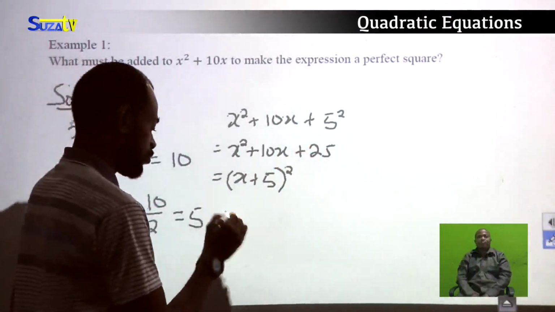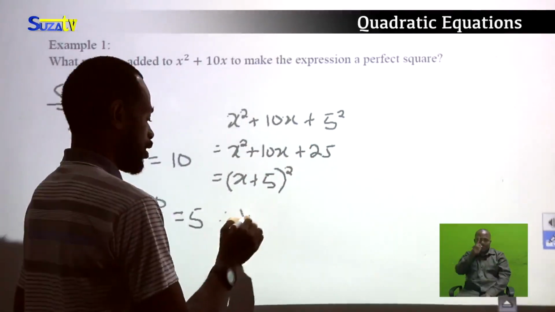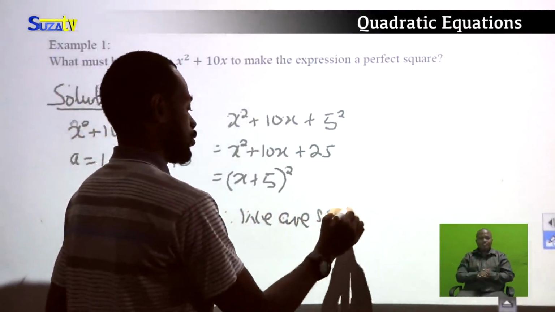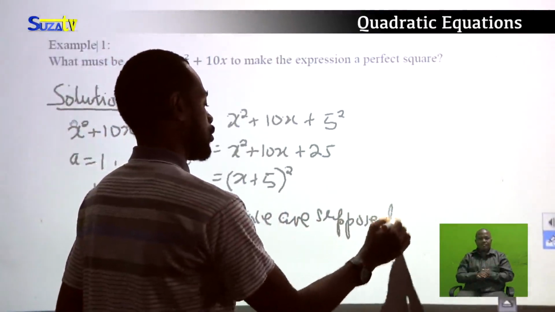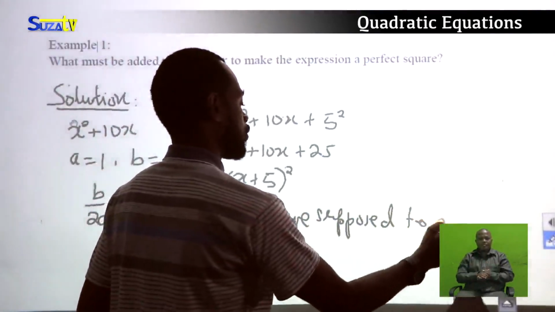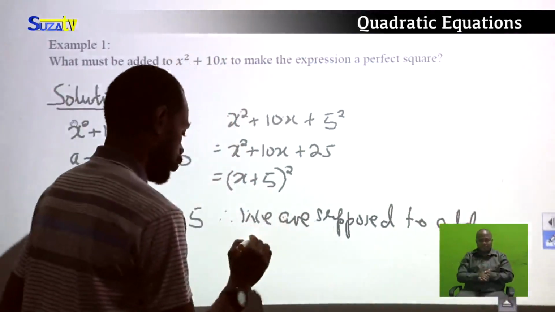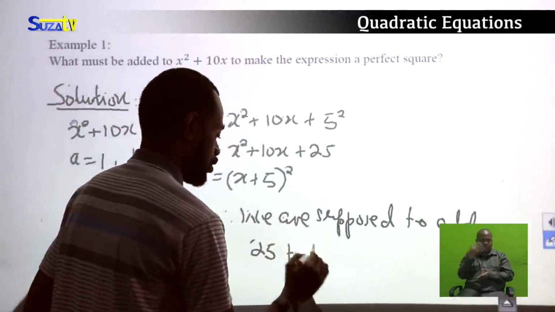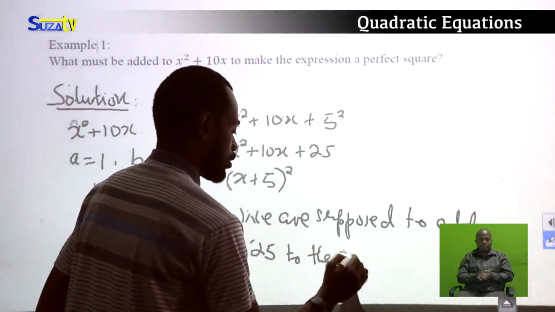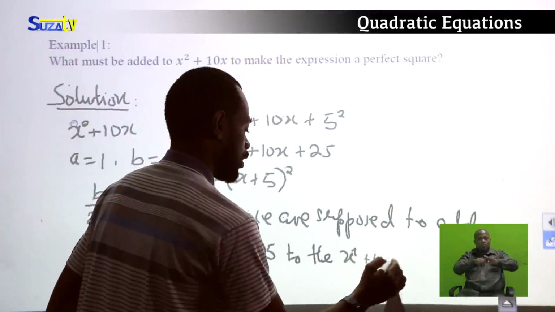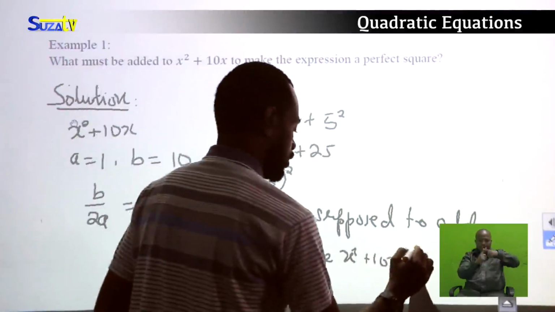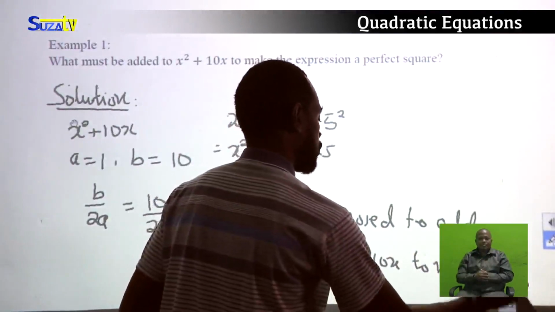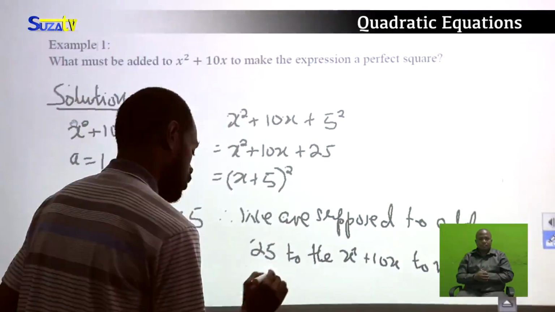So therefore, we are supposed to add 25 to the x squared plus 10x to make it a perfect square.